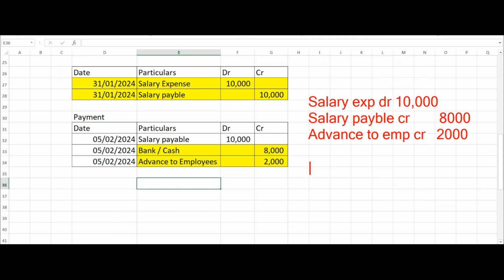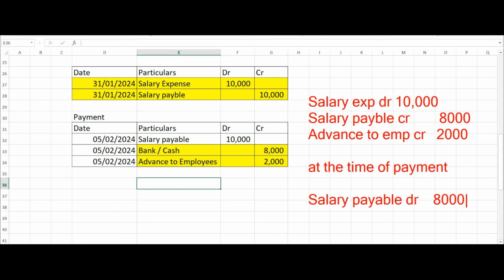And at the time of payment you will make only one entry as salary payable debit with 8,000 and bank or cash will be credit with 8,000. So you can make it in both ways.